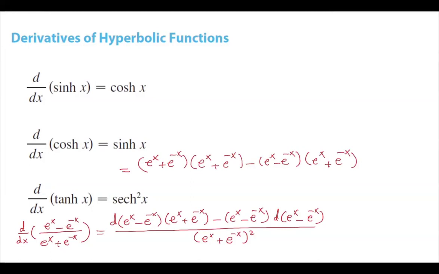Okay, we should have taken the derivative of this, am I right? Oh, this should be plus. Okay, perfect. So now we end up with a negative sign, so you get exponent 2, and divided by e to the x plus e to the power minus x, to the second power.